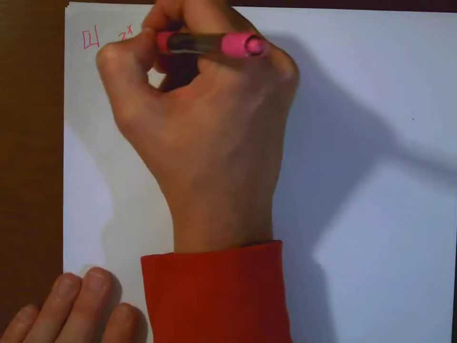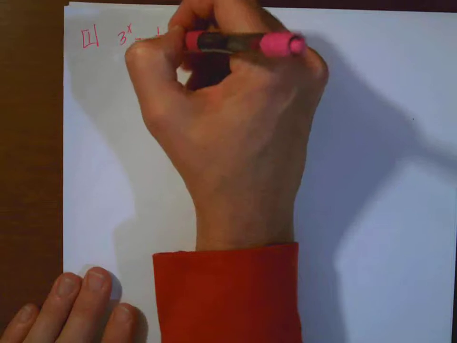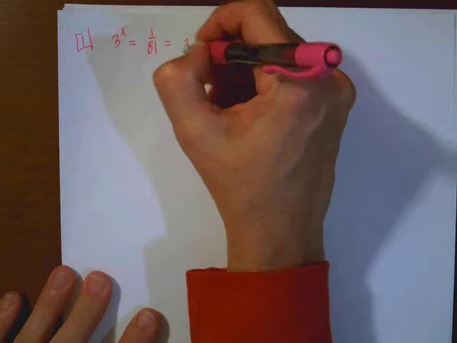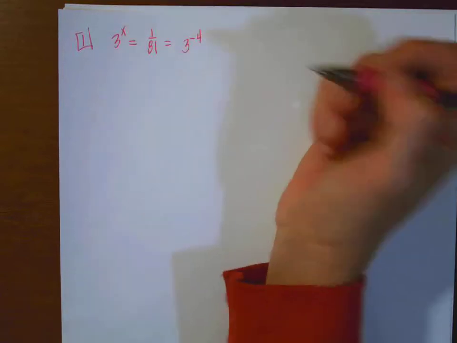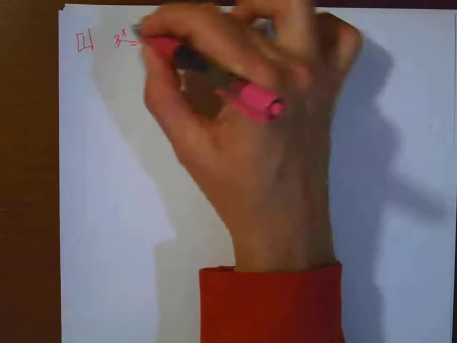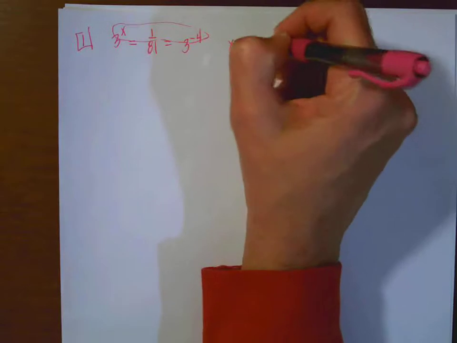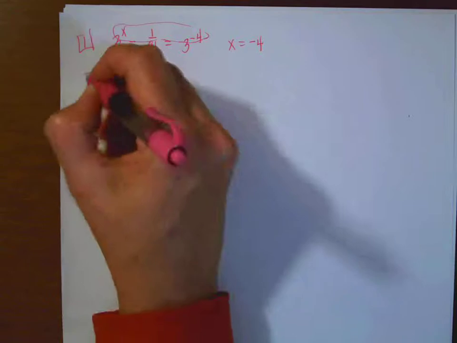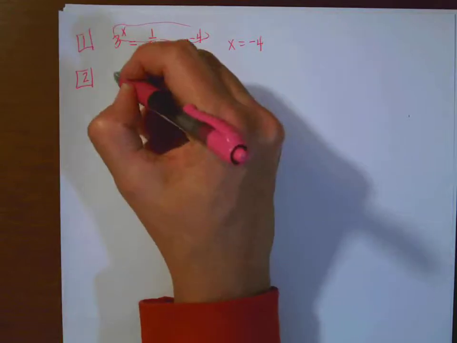So for the first example, if I had 3 to the x is equal to 1 over 81, if you remember from a million years ago, I can just make my bases be the same, then solve the baby equation at the top, and I would get x is equal to a negative 4. Yay, logs.